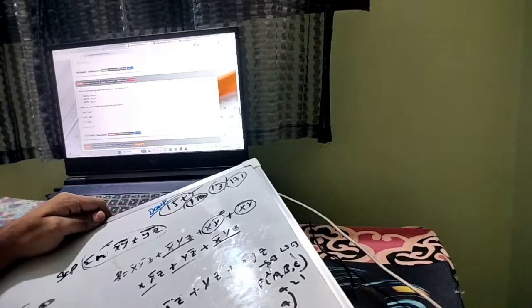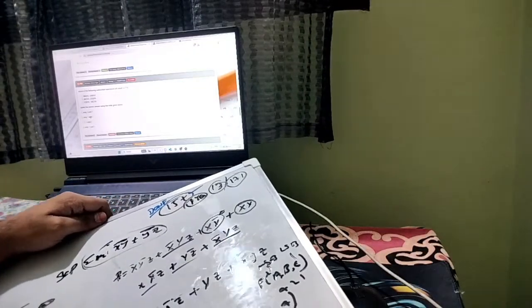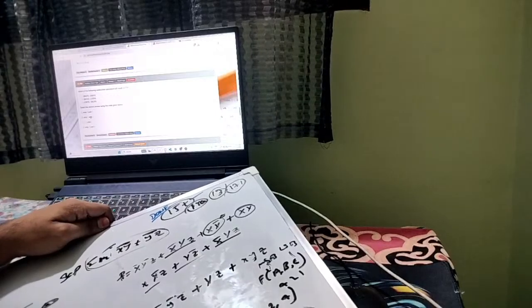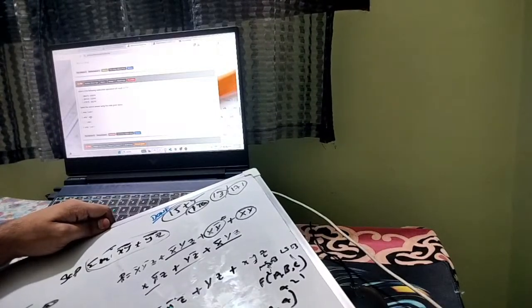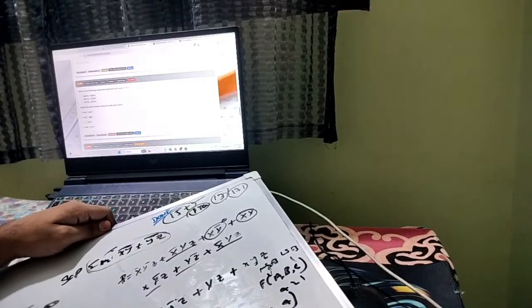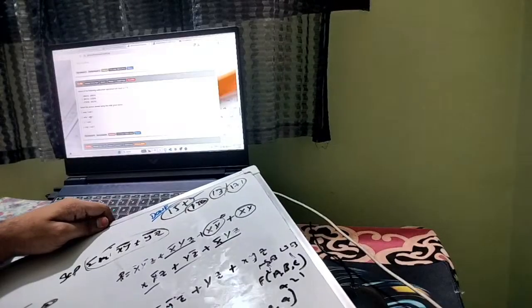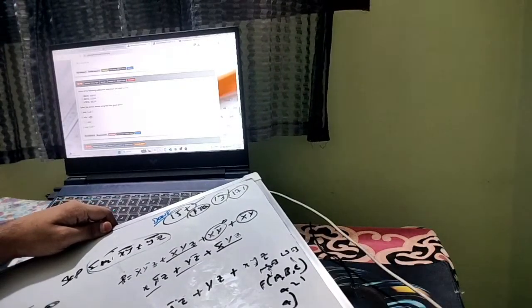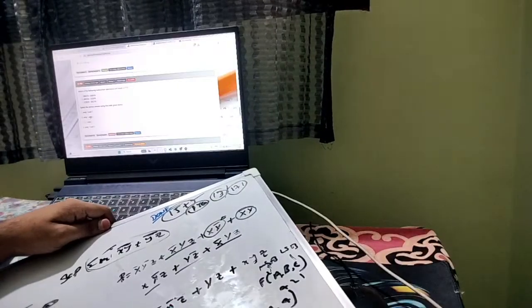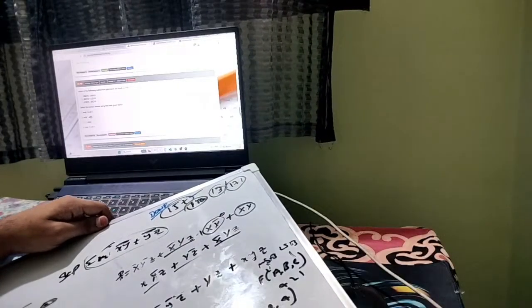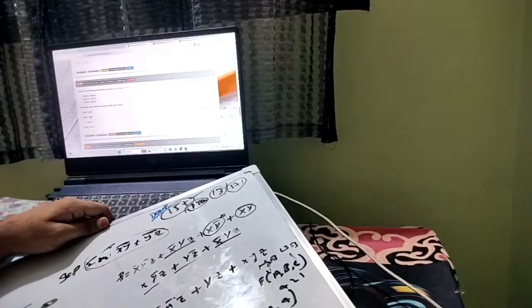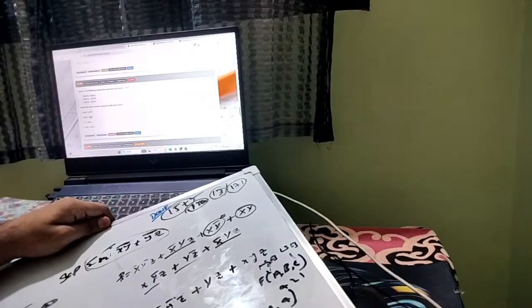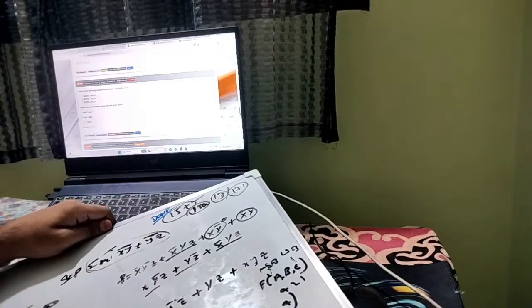So what do they say? CB. See what is C here? C here is 1100. B means 1011. CB, BC. Okay, 1011, 1100. If we do subtraction, we will get 1, 1.